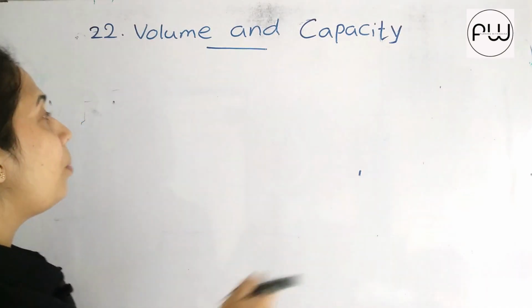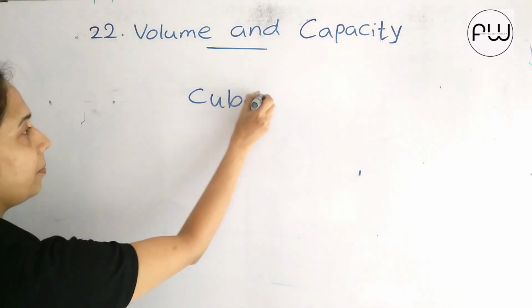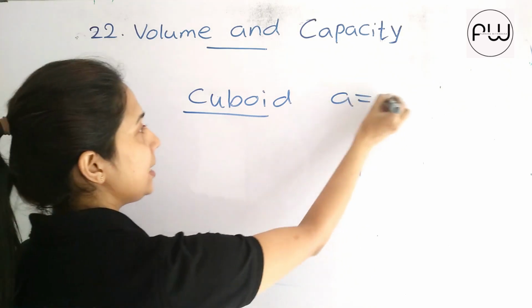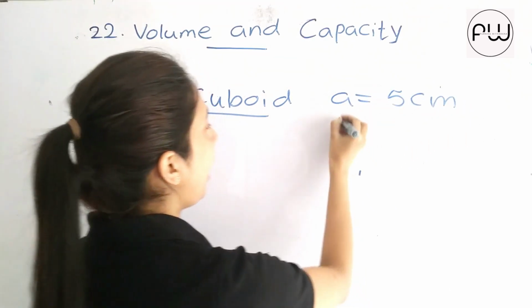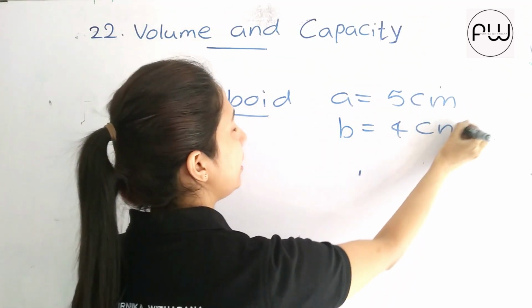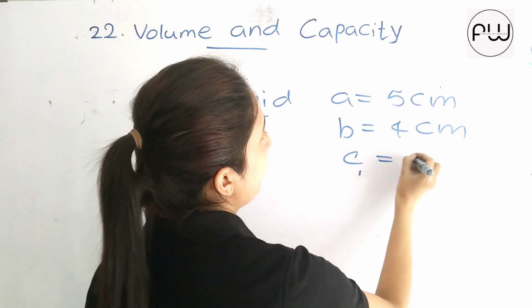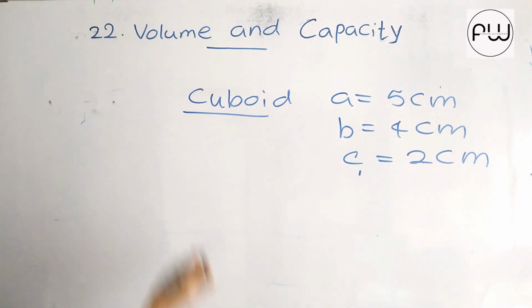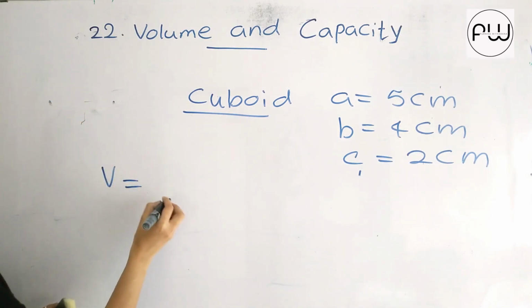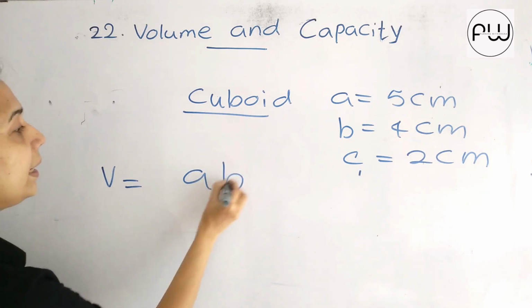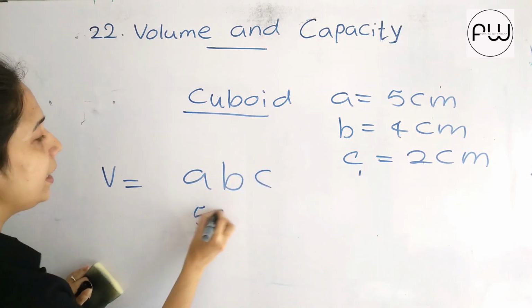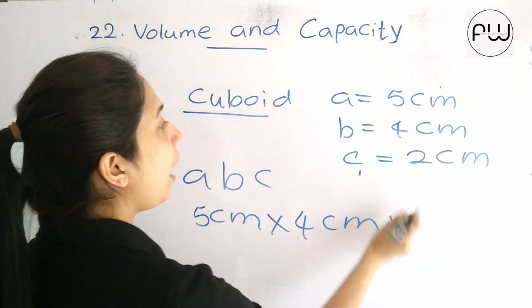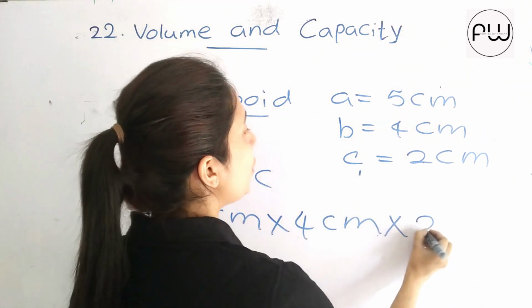Let's consider a cuboid. In this cuboid, you are given length is 5 centimeters, breadth is 4 centimeters and height is, let's take, 2 centimeters, and you are asked to find the volume of this cuboid. Then we can write the formula V equals ABC. A equals 5 cm, B equals 4 cm and height, it means C equals 2 cm.